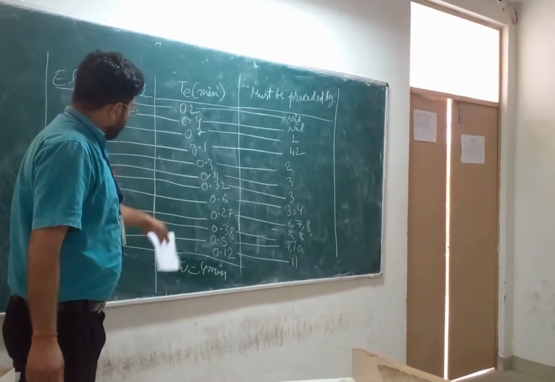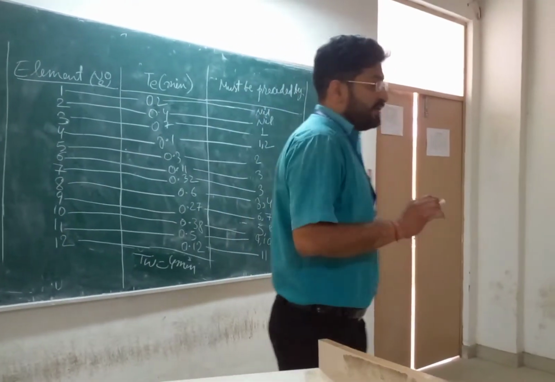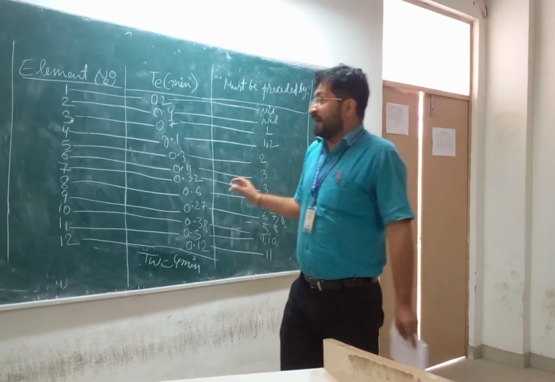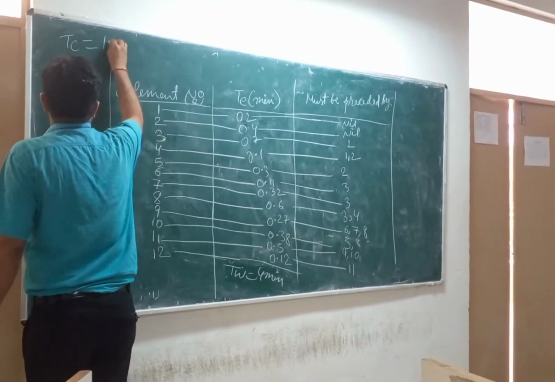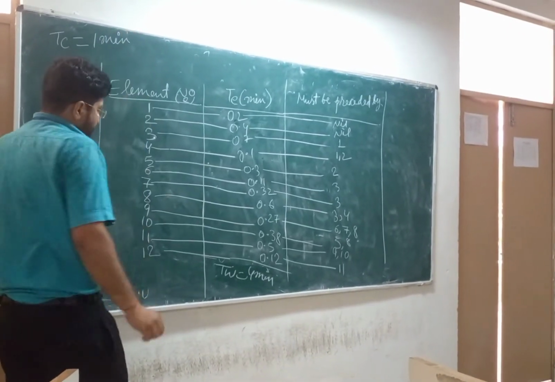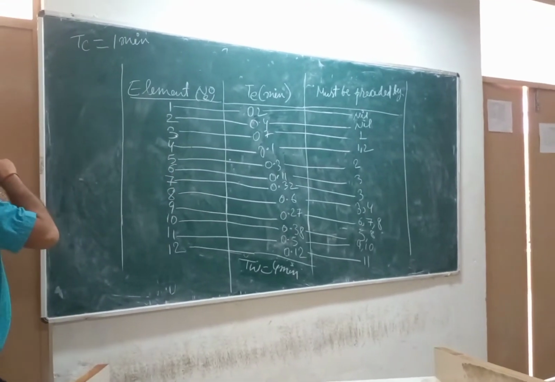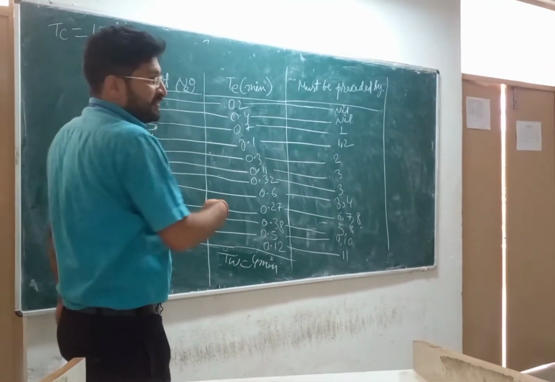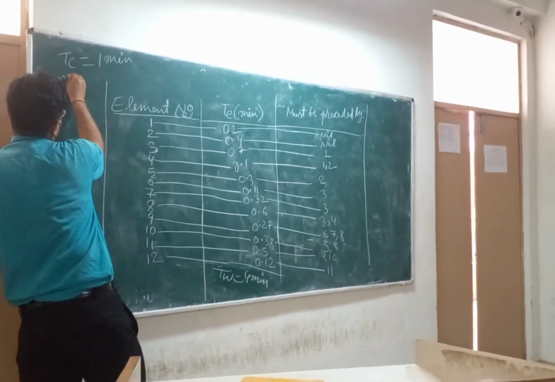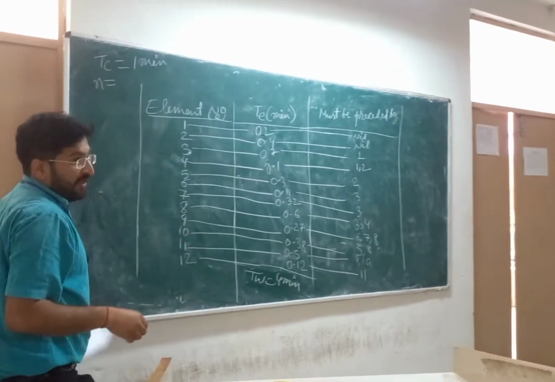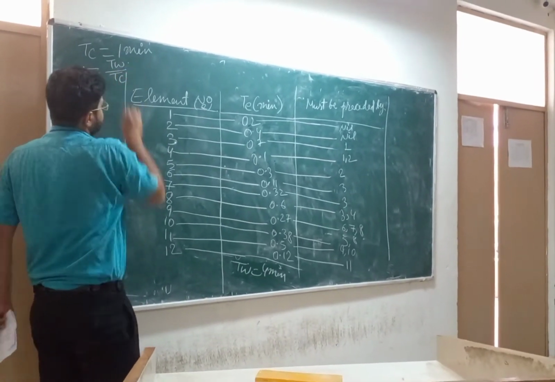Once we have calculated TW, we know TC, the cycle time, which is given in the numerical as 1 minute in the question paper. Now, to decide the number of workstations, if the number of workstations is represented as small n, then n is nothing but TW divided by TC.